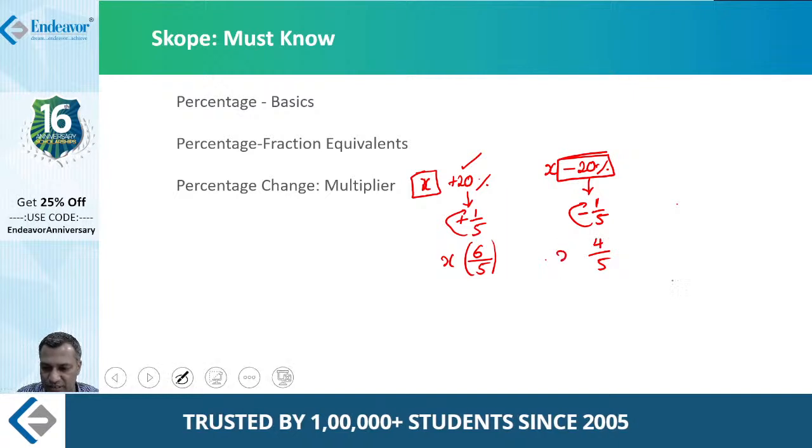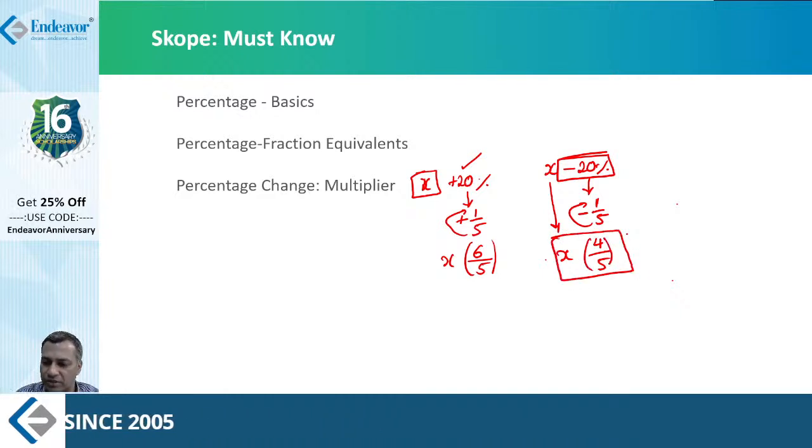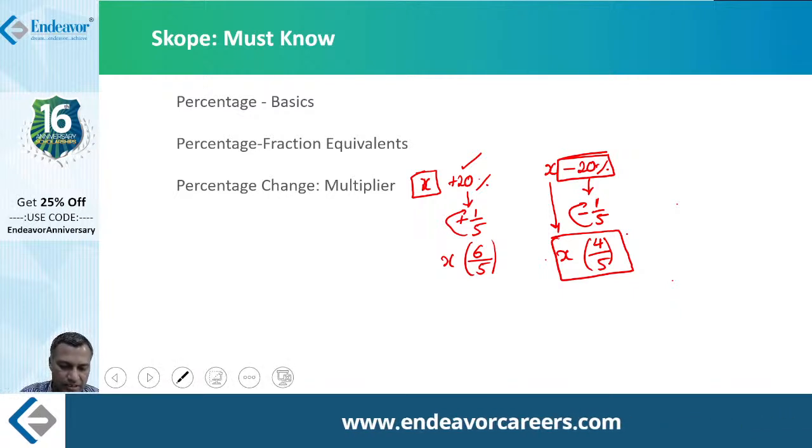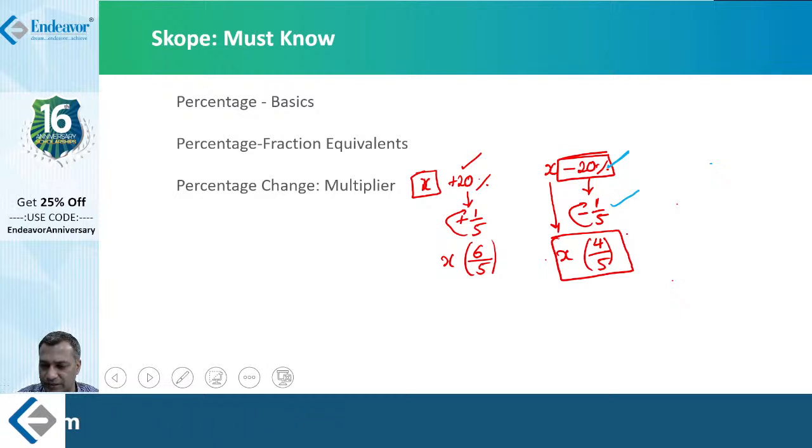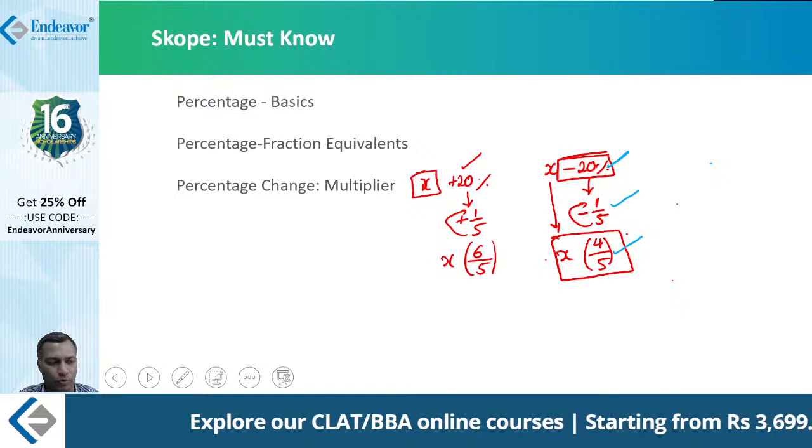Then we attach this x back, and this is my final value. So the multiplier story is this: the fraction equivalent of 20% is 1 by 5, the multiplier for an increase of 20% is 6 by 5, and the multiplier for a decrease of 20% is 4 by 5.